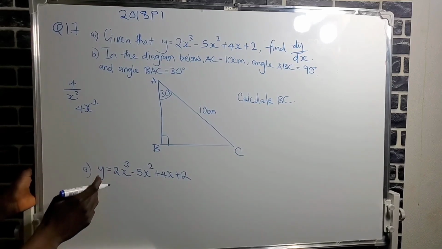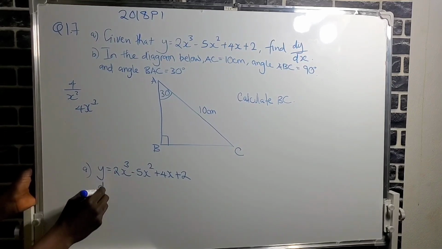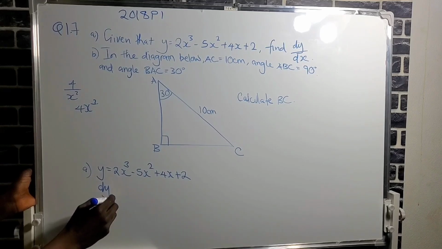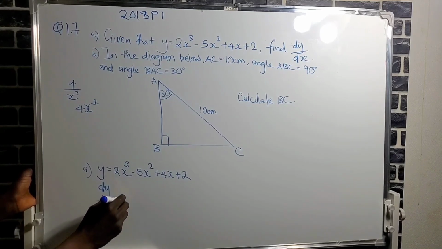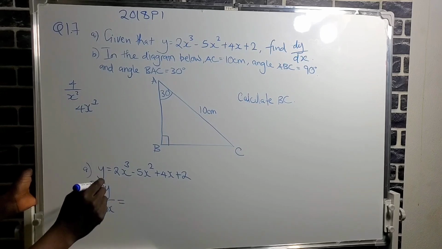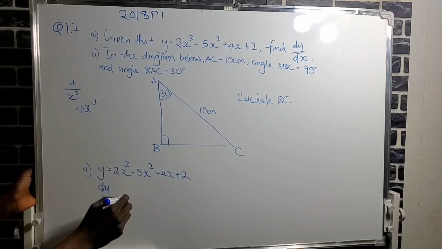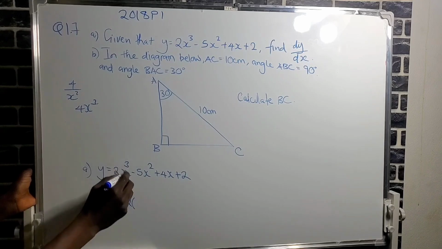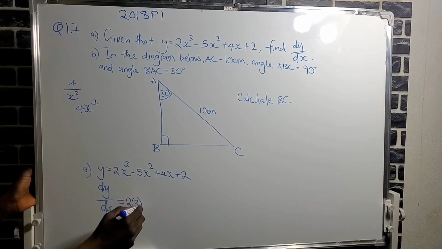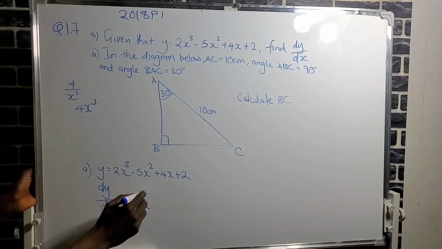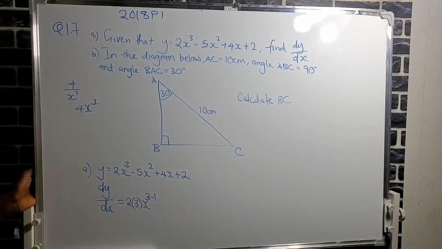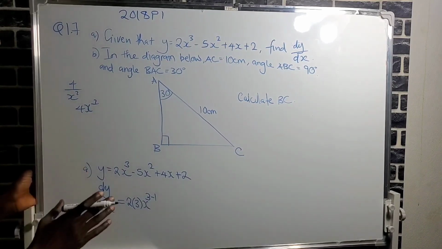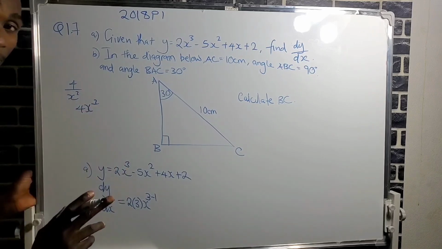So dy/dx is equal to, you multiply the coefficient, which is 2 in this case, times the power, which is 3, and the power reduces by 1, so 3 minus 1. You do this at every term.